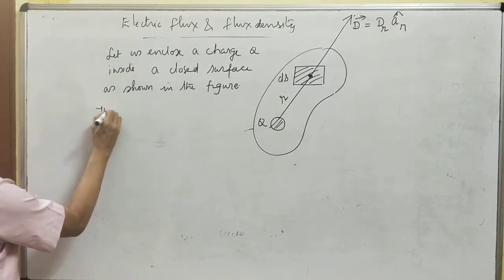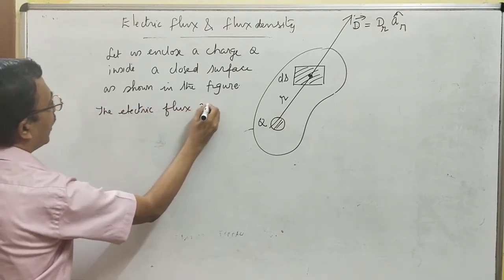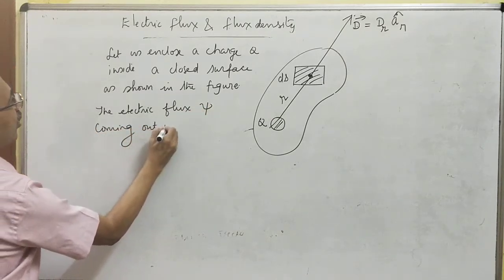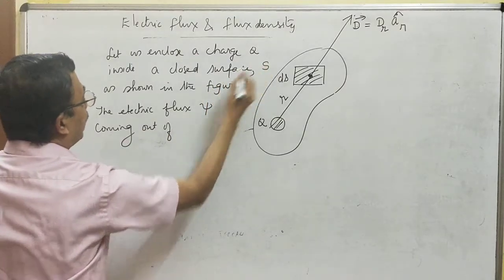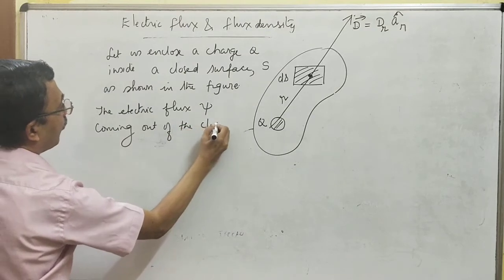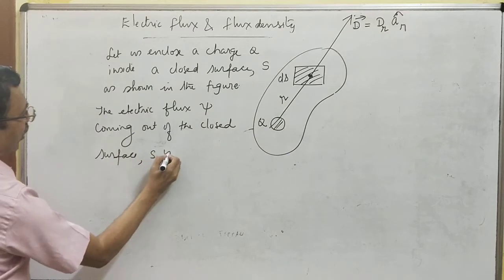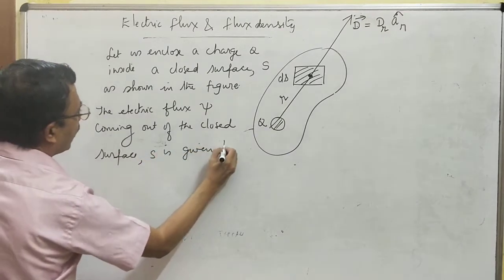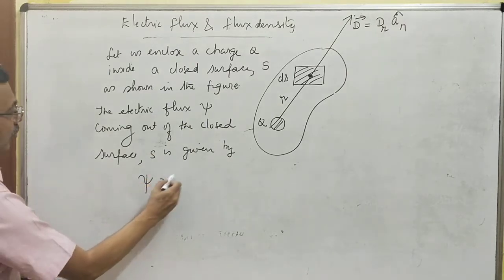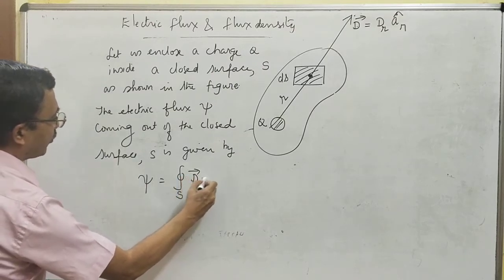The electric flux psi coming out of the closed surface S is given by psi is equal to closed surface integral vector D dot ds.